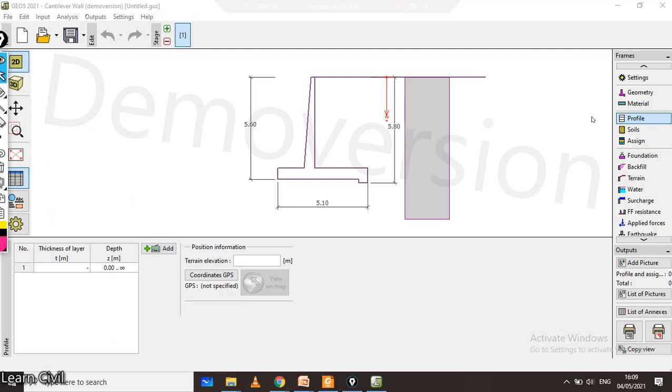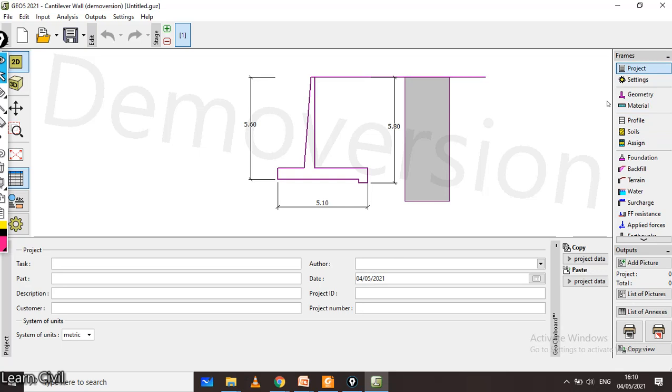Yes, whenever you start this particular cantilever wall design program, this type of structure will be available. So first you have to go to project. You can see here the project option is given. It can be used for providing the information of what type of project it is.